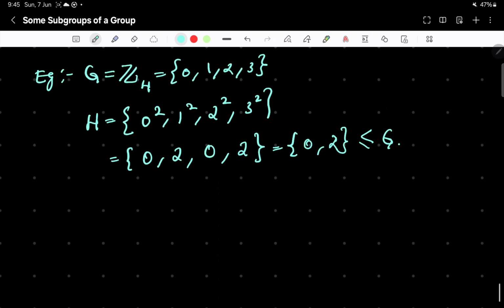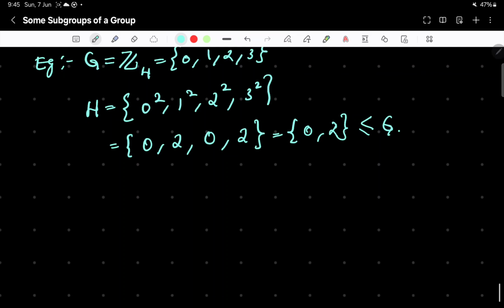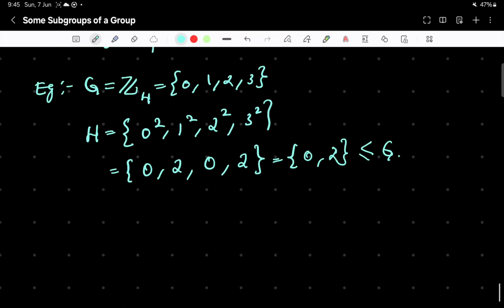So generally we need to prove that. Let's prove that the set of all square elements of G, in an abelian group, is a subgroup.